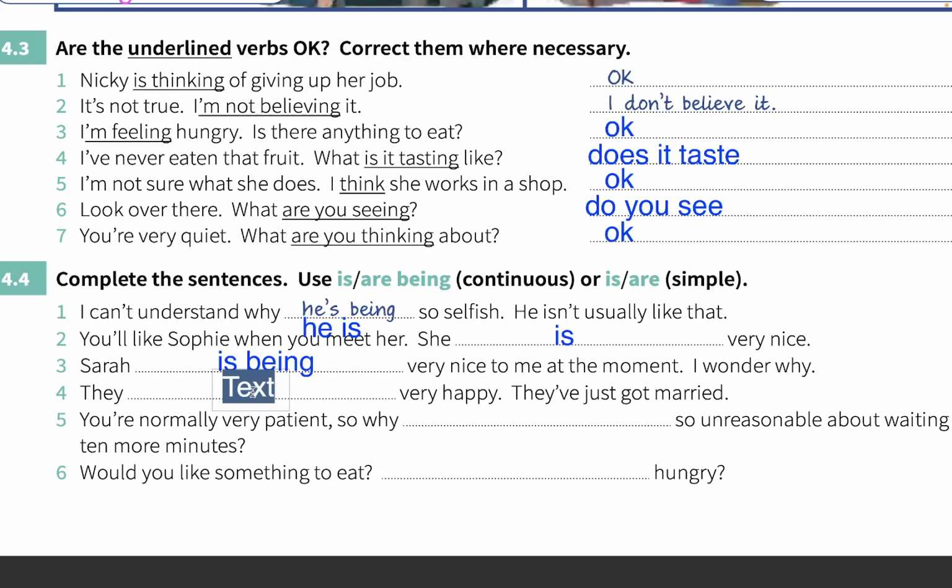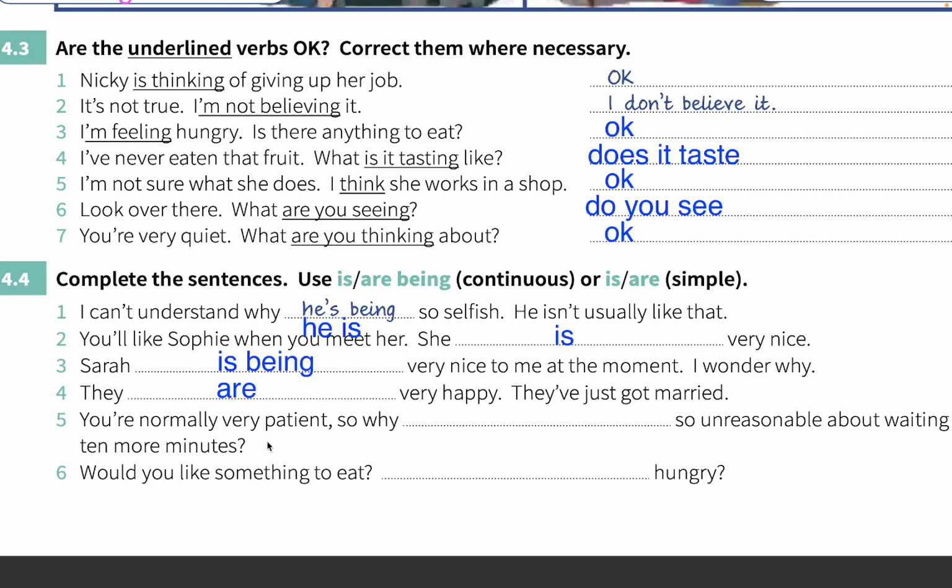Great. Number 4. Anyone want to try and read this? Maybe Sriska? They are being very happy. They just got married. Okay. Number 4, we use they are happy. They are very happy, not they are being very happy.